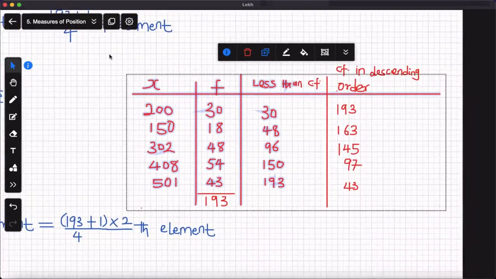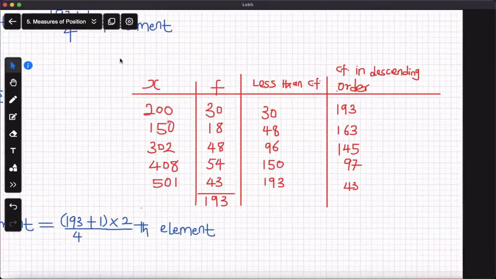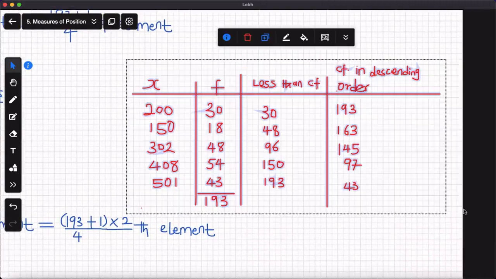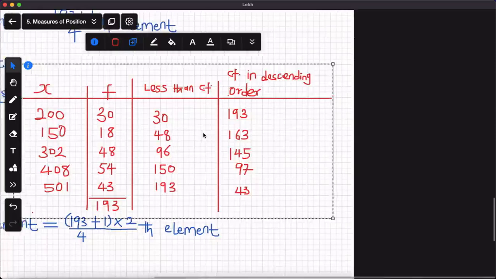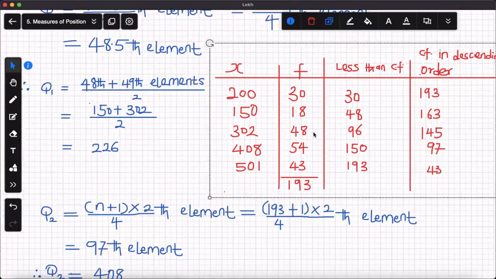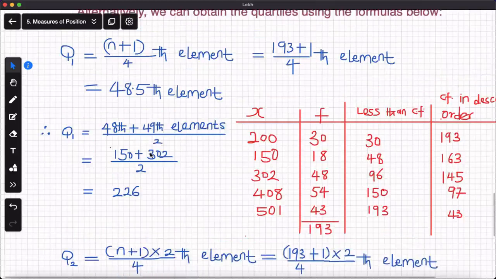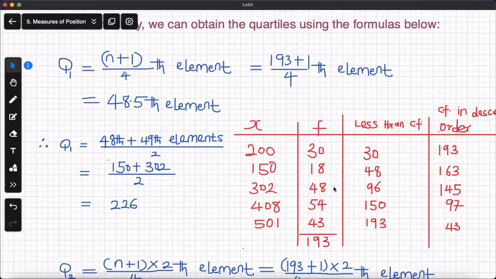You can use the formula that I have on the board. Just substitute all that you need to substitute, and then it will give you 48.5. So the element in position 48.5 is what you are interested in.